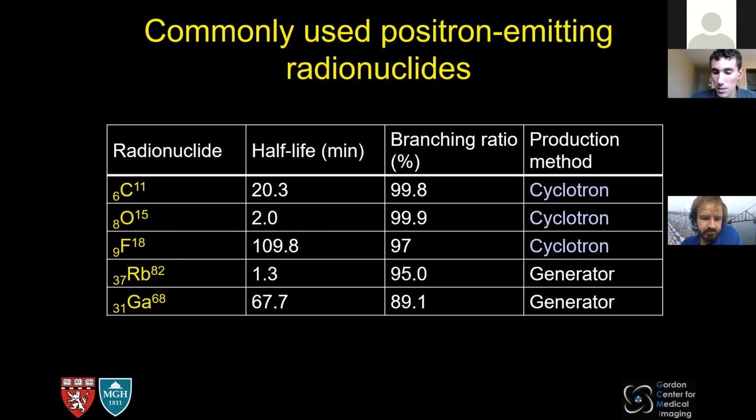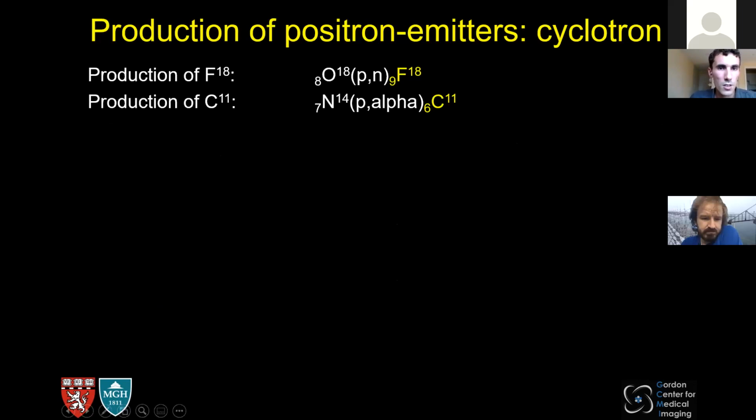So let's quickly talk about how cyclotrons work without going too much into the details. These are the reactions that are occurring within a cyclotron. To produce F-18, you have a target of O-18. You smash the target with a proton, a neutron is emitted, and then you're going to have fluorine-18, okay?